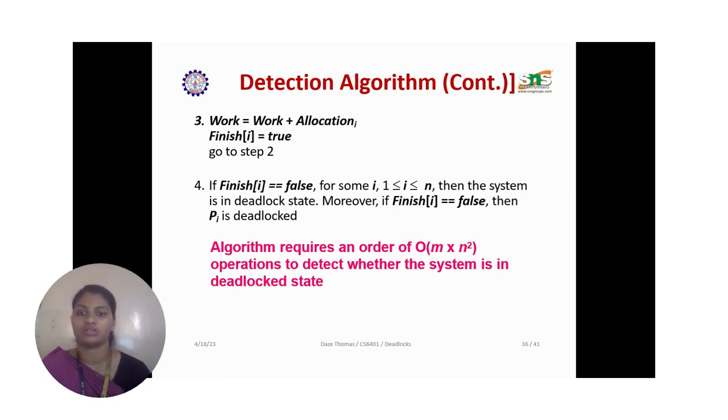Step 4: if Finish[i] equals false for some i, where 1 is less than or equal to i is less than or equal to n, then the system is in a deadlock state. Moreover, if Finish[i] equals false, then process Pi is deadlocked. The algorithm requires on the order of m times n squared operations to detect whether the system is in a deadlock state or not.